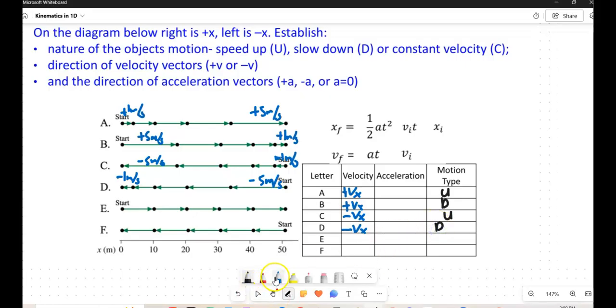Now, E, all of these vectors are pointed to the right. And if you look at them, they're all the same size, which looks like they're all positive 3 meters per second. I'm just guessing that's the size of them. So since they all have the same size the entire time, that is definitely constant velocity.